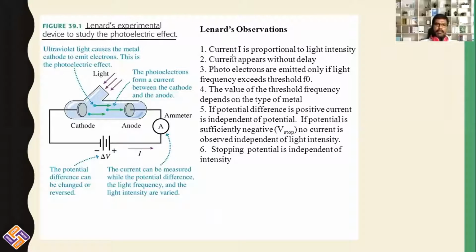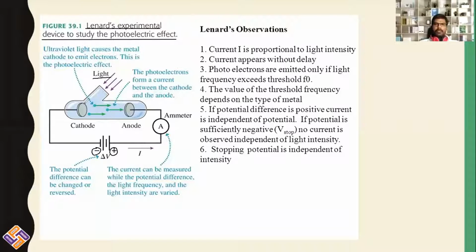Now, the experimental arrangement of Lenard is as shown in the figure. There is one metallic electrode here which is called the cathode, connected to the negative terminal of the battery, and the other plate is the anode, connected to the positive terminal. There is some arrangement such that light can be incident on the metal surface.